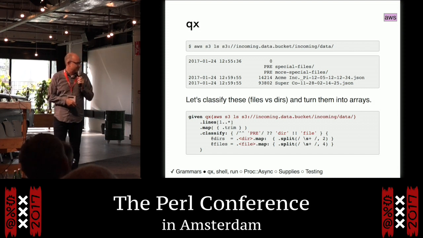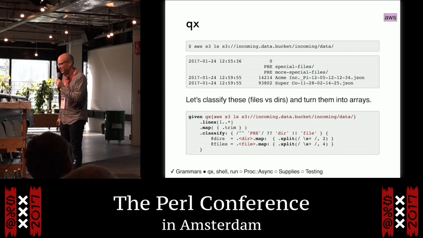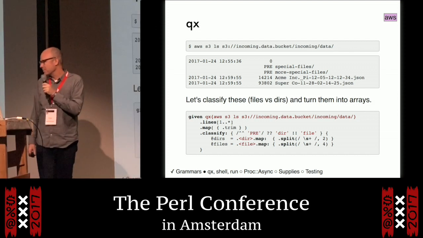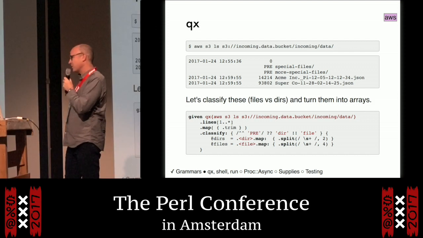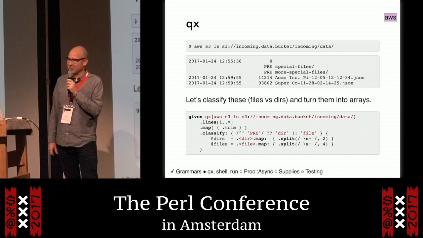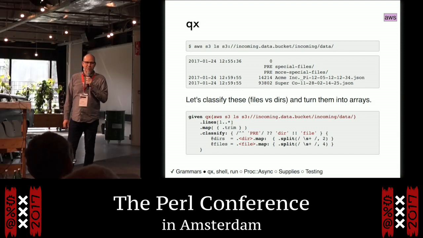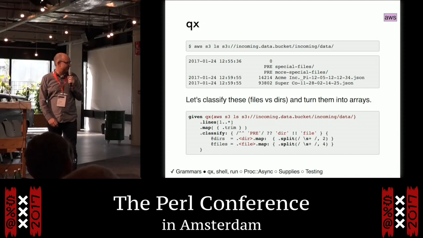And after we do that, inside of the body here, we can just assign to dirs and files by splitting into up to 2 pieces for the dirs and up to 4 pieces for the files. So it's a little dense, but I wanted to give this example. There are a lot of handy things like this in Perl 6 you can use in addition to grammars for deconstructing text.